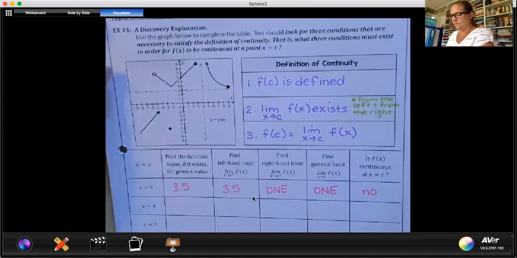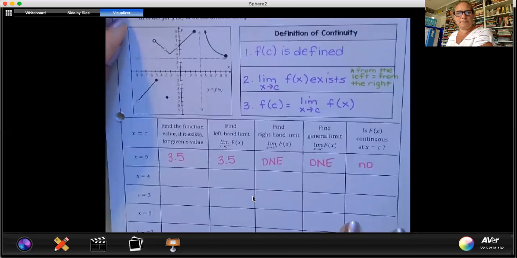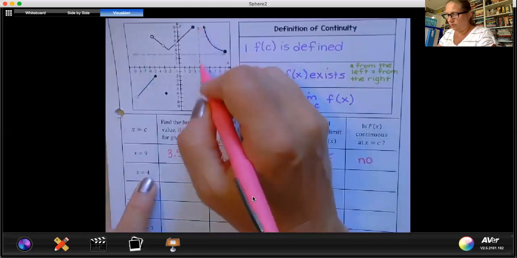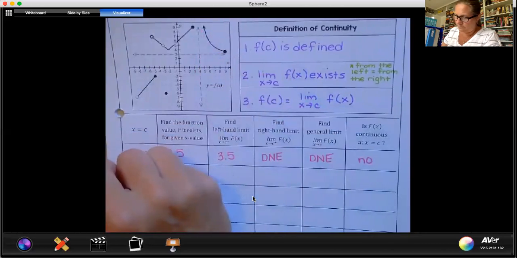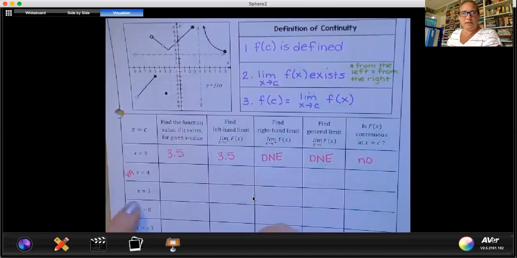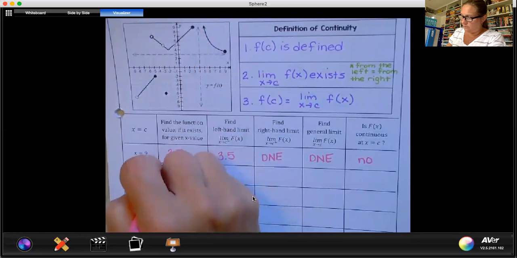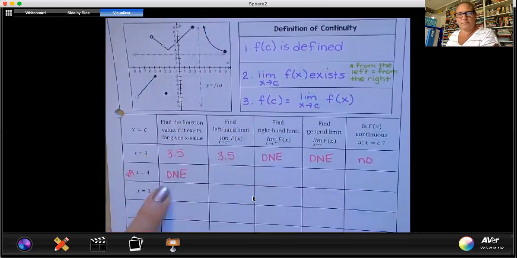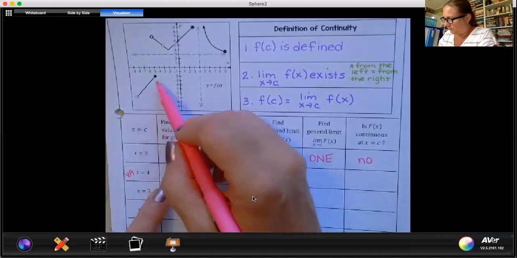Now we're going to focus on x equals 4. X equals 4 has a vertical asymptote. Therefore, there is no functional value from the left approaching 4.